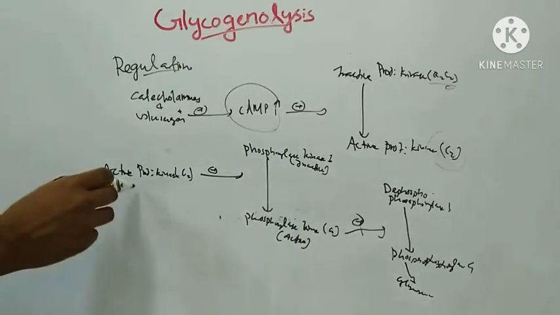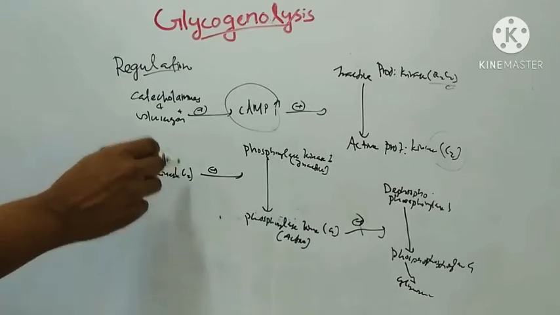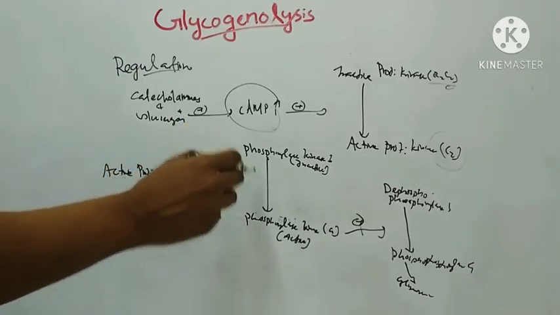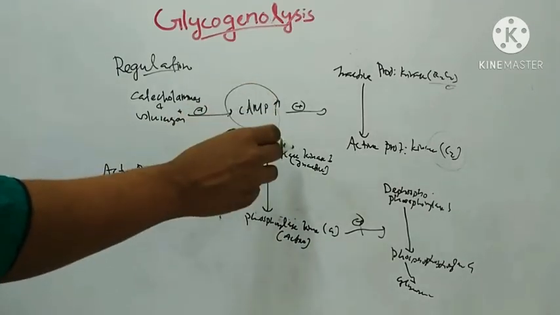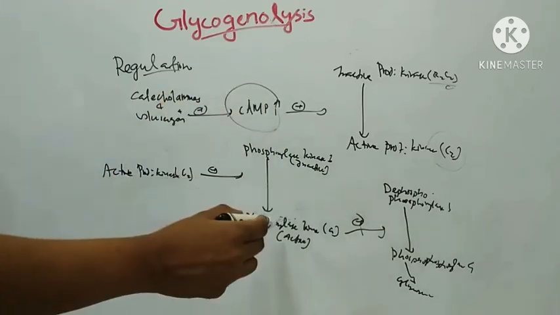This active protein kinase C2 in turn phosphorylates inactive phosphorylase kinase B and converts it to active phosphorylase kinase A.